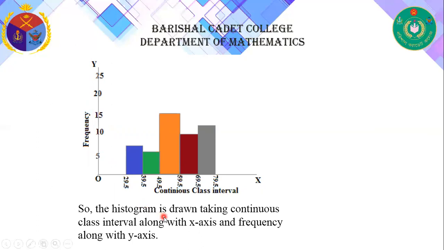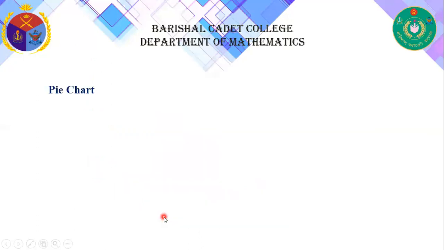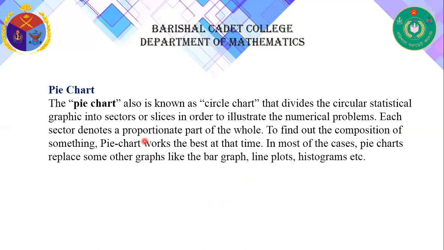And now we're going to study about pie chart. So this is another type of diagram we use in statistics, but this is different from histogram. It's a pie chart.